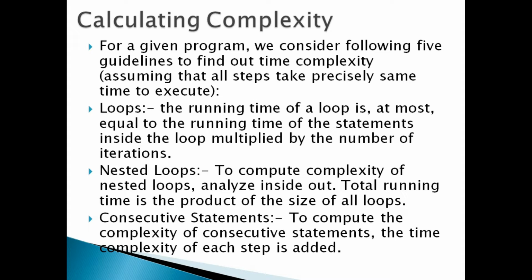Then you multiply all the running times of the loops. It will be the total running time of a nested loop. So nested loop means a loop inside a loop. We calculate the complexity of each loop separately and then multiply the running times of all those loops.